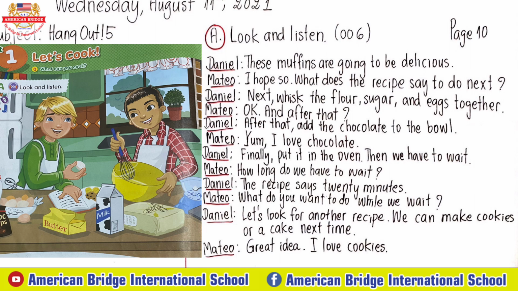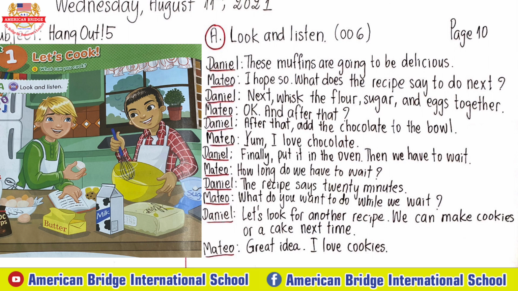These muffins are going to be delicious. I hope so. What does the recipe say to do next? Next, whisk the flour, sugar, and eggs together. Okay, and after that? After that, add the chocolate to the bowl. Yum! I love chocolate.